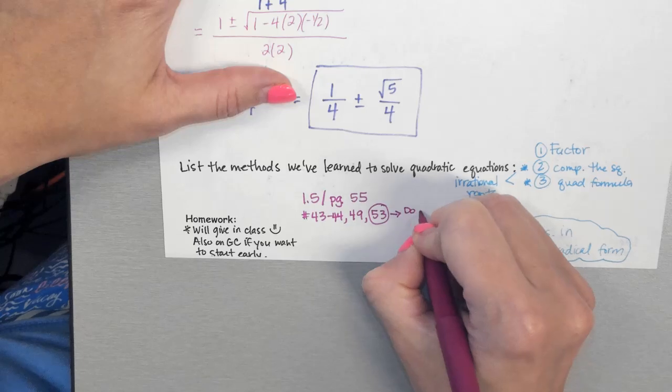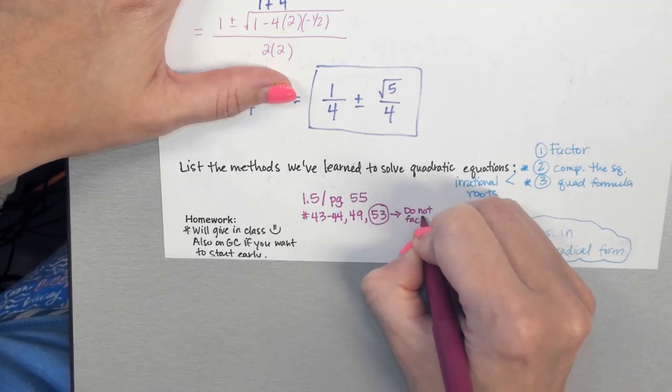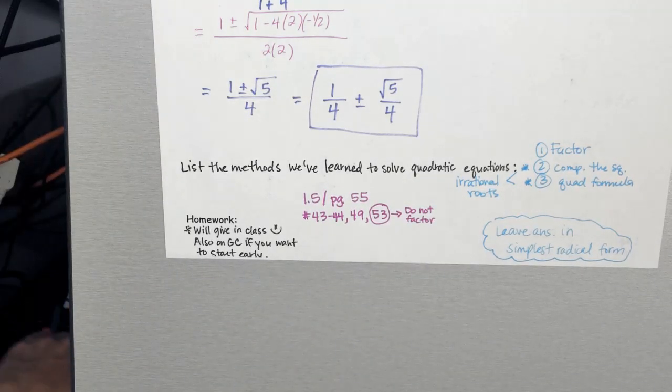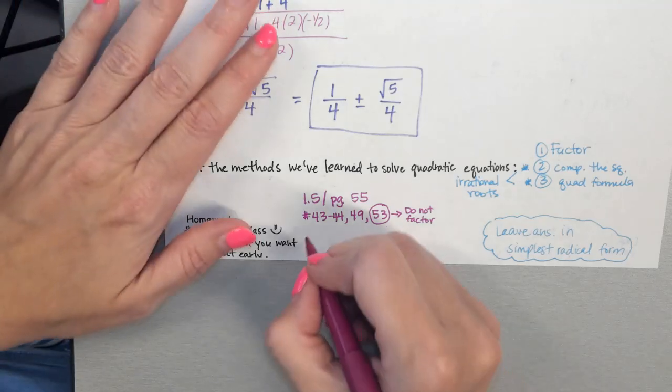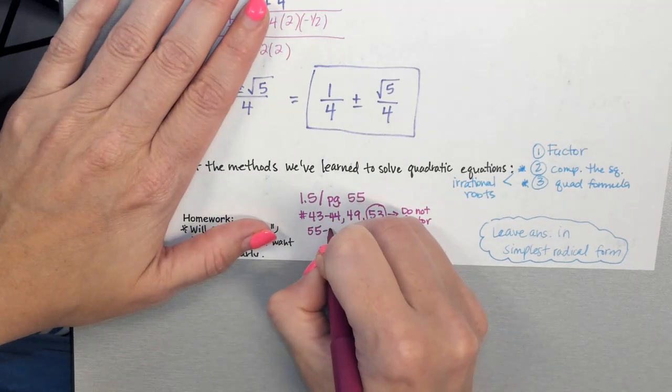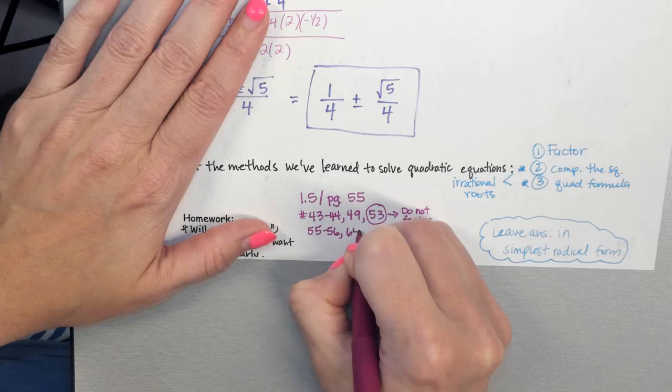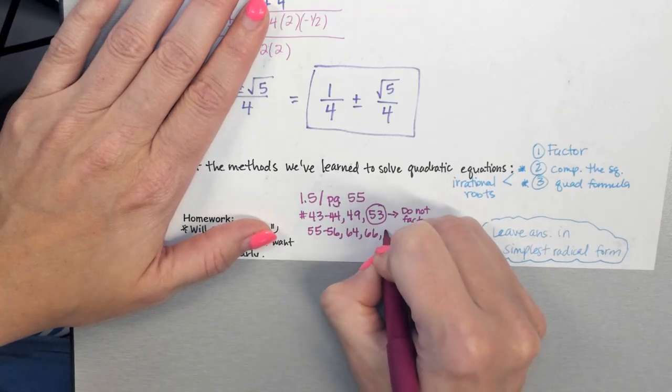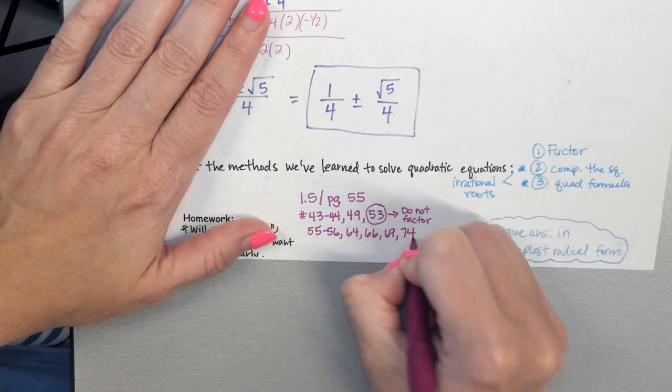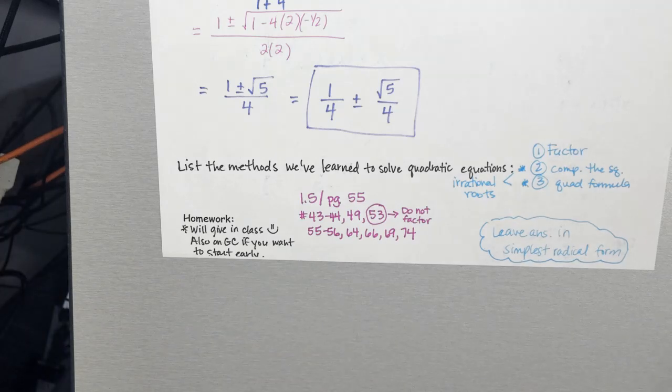Do not factor it. Use another method, okay? So there are 10 problems total. And that is mandatory.